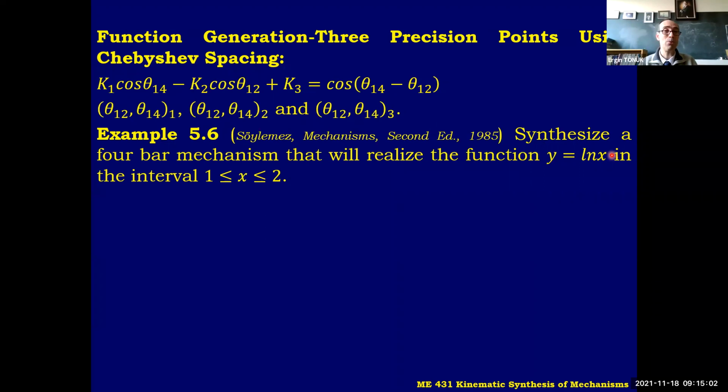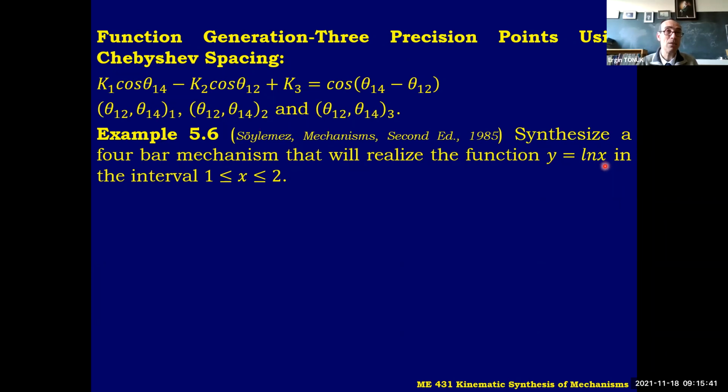Of course, up to now, we know that this is not possible because this x is a continuous variable from 1 to 2, and there are infinitely many values between 1 and 2. So is y. Am I right? Of course, we don't have so many parameters to design the mechanism, so there is no way that we can realize this function with a linkage mechanism exactly, okay?